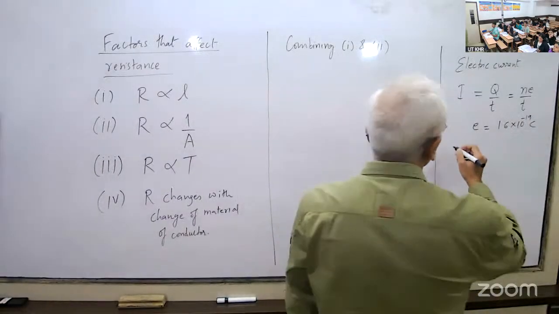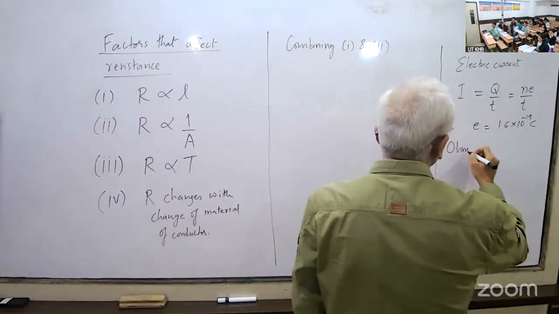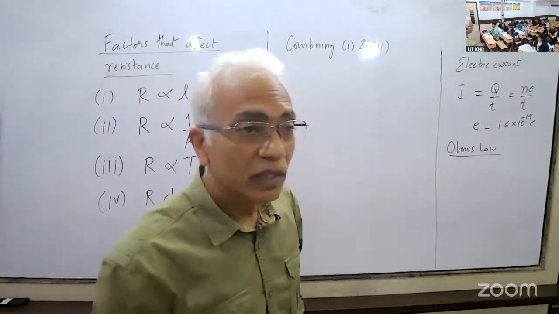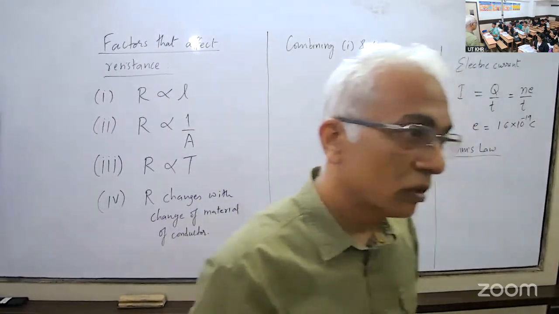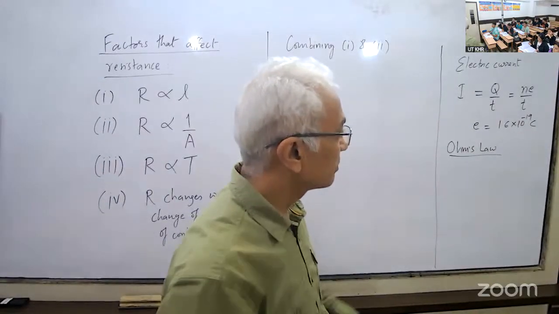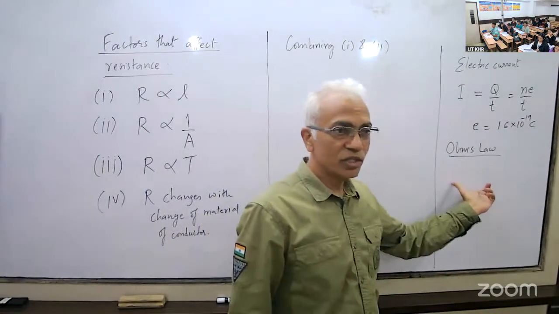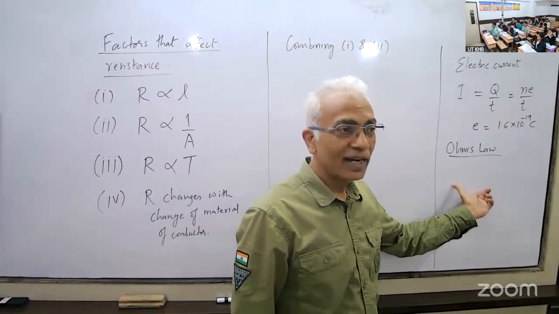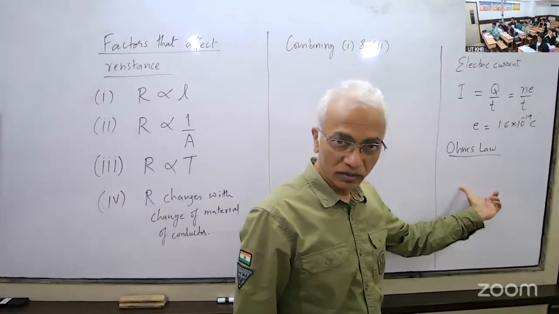Then we covered Ohm's law. The second topic we covered was Ohm's law, which gives the relation between the potential difference applied across the conductor and the current flowing through the conductor.